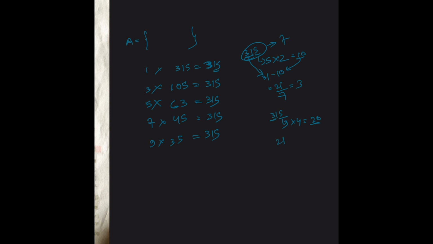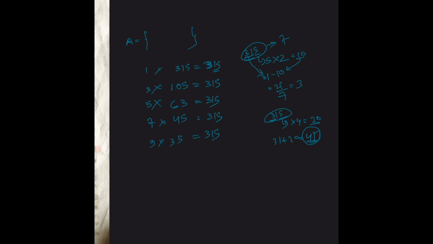We get 35. If this is divisible by 13, then the entire number would be divisible by 13. Since it is not divisible by 13, 315 is not divisible by 13.